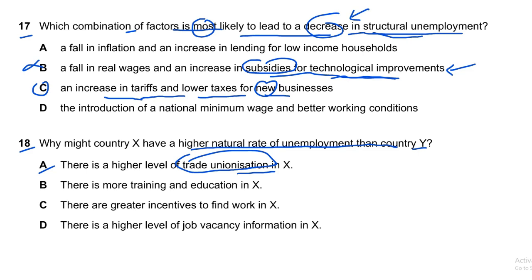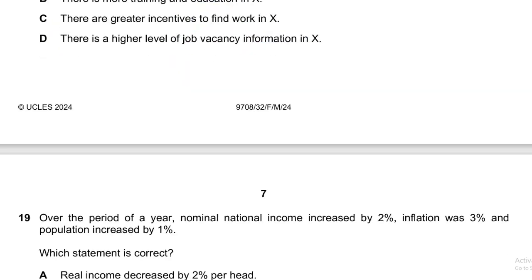As a result, the natural unemployment level will increase if there are more unions working in the industry. All other options are incorrect, because they will not increase the rate of natural unemployment.